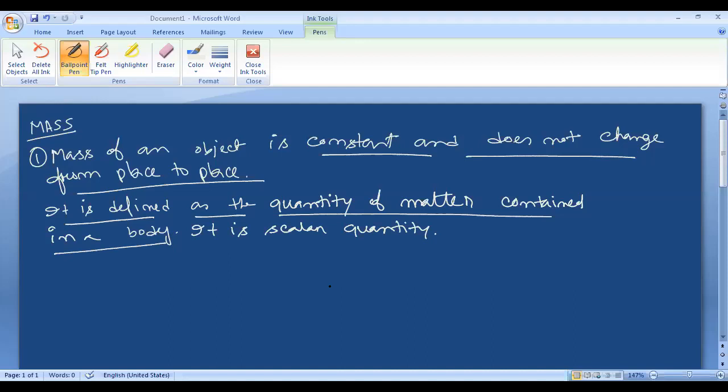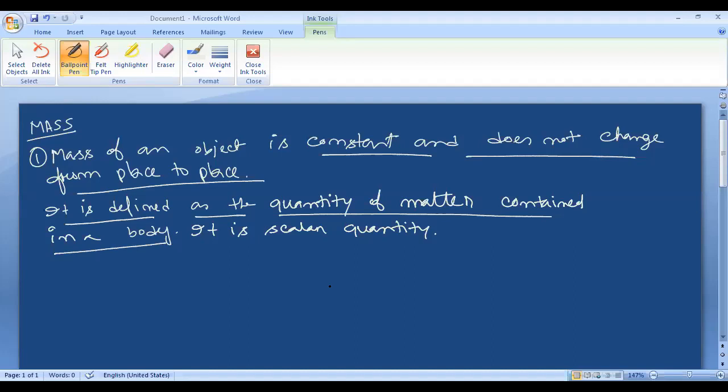So this is the definition of scalar and vector quantity, and this is the difference between scalar quantity and vector quantity.